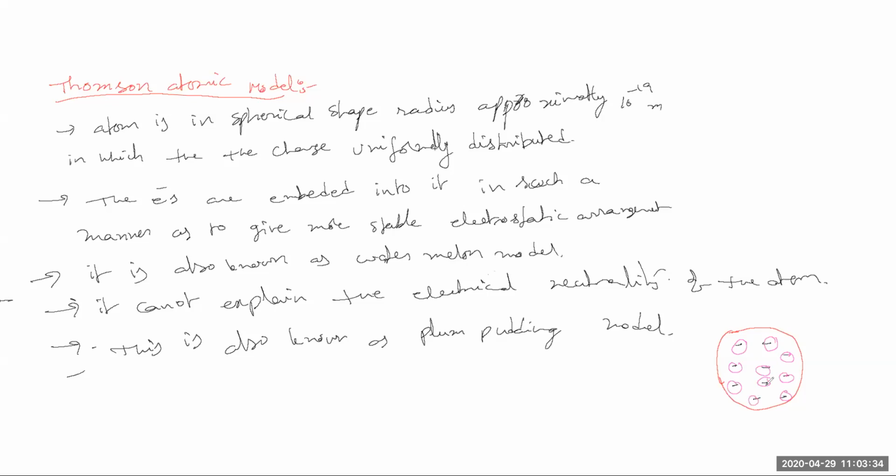The total remaining is the positive, uniformly distributed. This is negative.